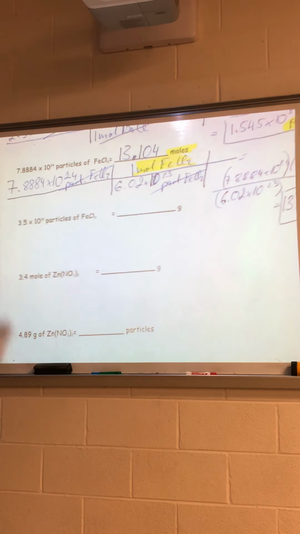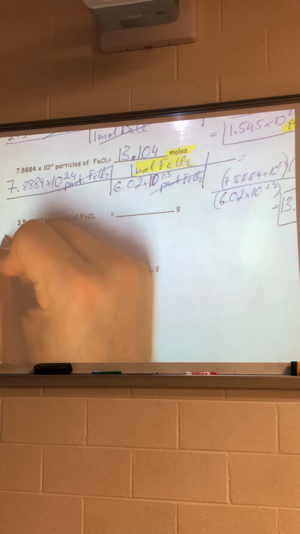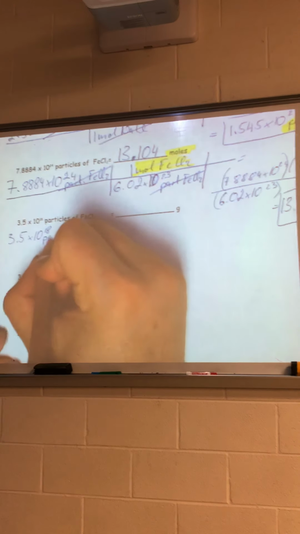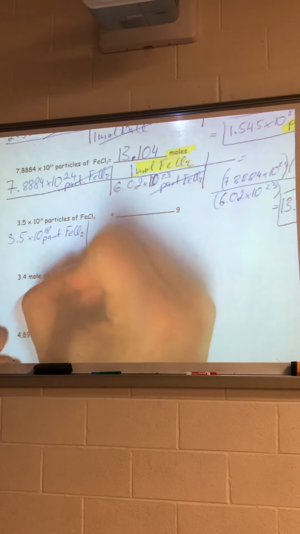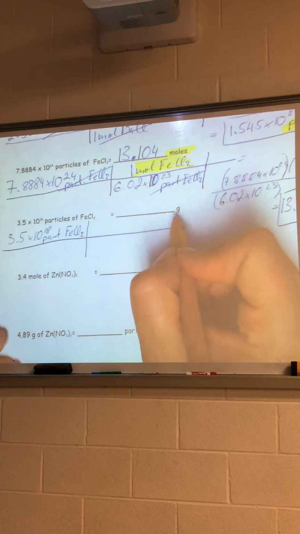Alright, the next one is 3.5 times 10 to the 18 particles of FeCl2. Open up your railroad, and I'm going to grams.